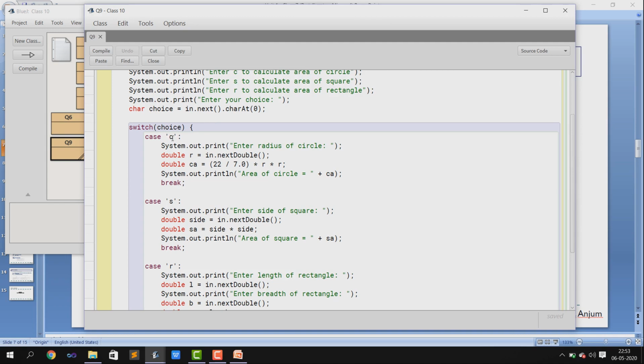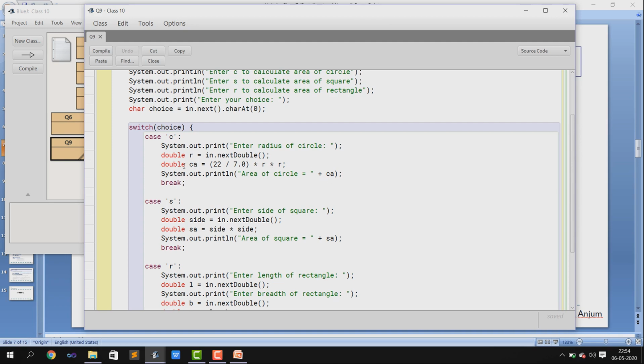Okay, so case C, it is a character, so we are going to write it in single quotes. System.out.println, you have to take radius as an input. Yes, again, then storing your radius in R, then calculating what? Your area. Okay, so we are going to store it in CA. It is a variable. The formula we are going to use is 22 upon 7 into R into R, that is pi R square basically. Okay, and then afterwards you are going to print the area on the screen.